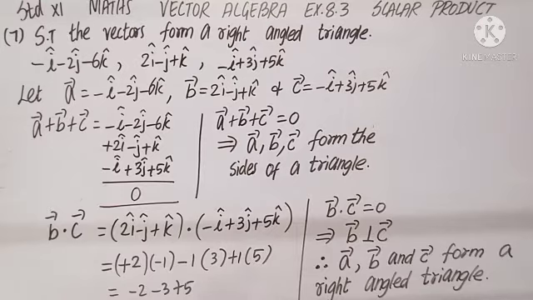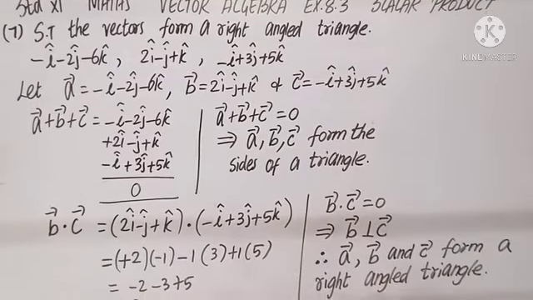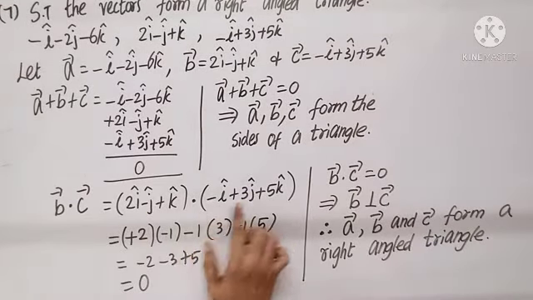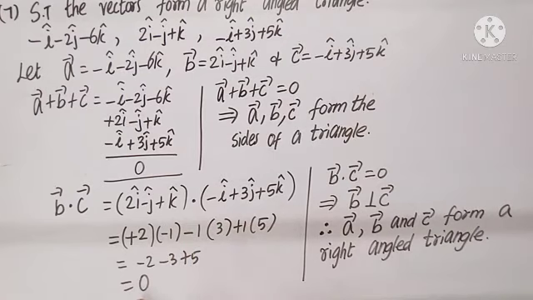So let us check B dot C. As I find out the dot product, we remember we multiply I and I, J and J, K and K, which gives us 0. So B dot C 0 tells us B vector is perpendicular to C vector. Therefore, A, B and C vectors form a right angle triangle.